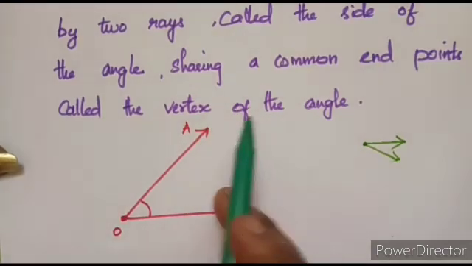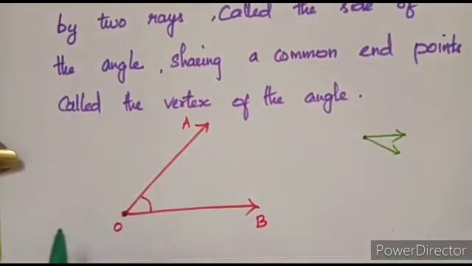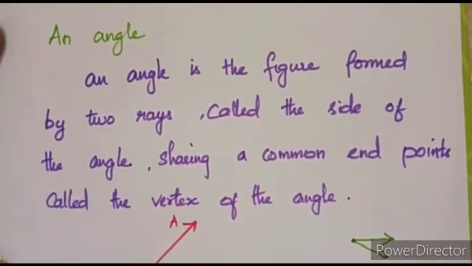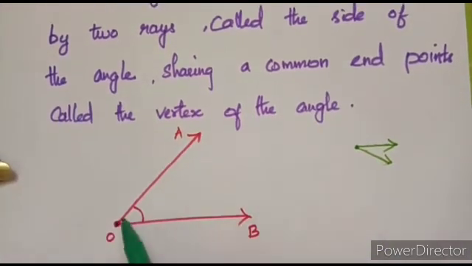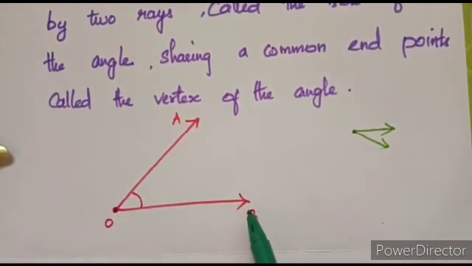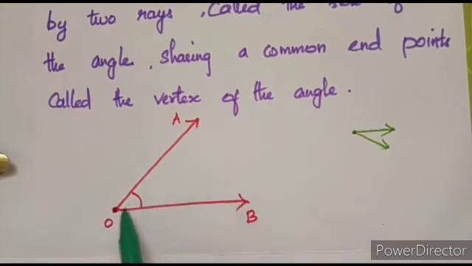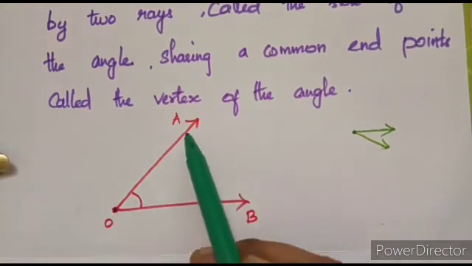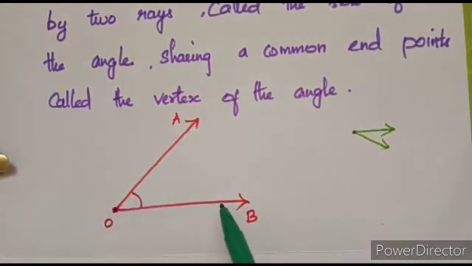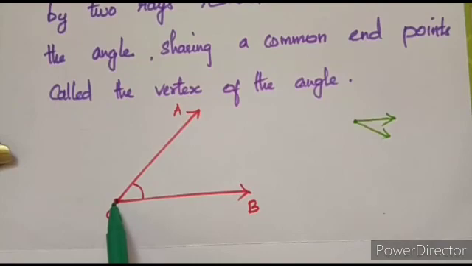An angle is the figure formed by two rays, called the sides of the angle, sharing a common endpoint, called the vertex of the angle. This is the vertex of the angle.